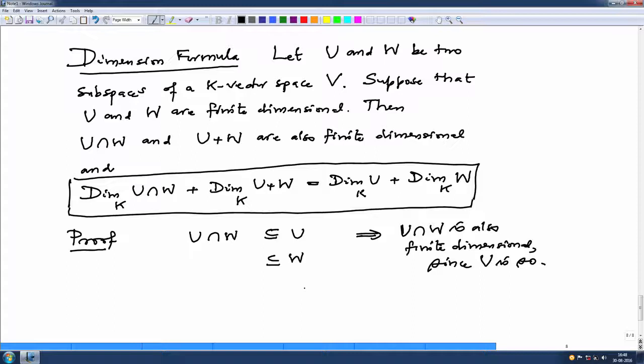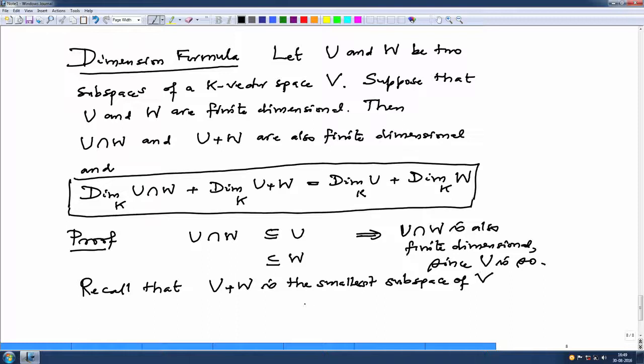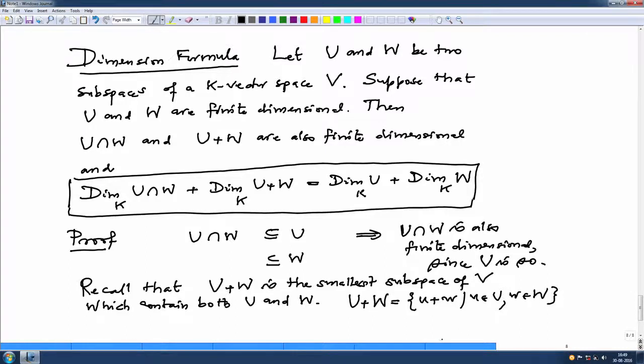I just want to recall to you the definition of U plus W. Recall that U plus W is the smallest subspace of V which contains both U and W. This is the definition of U plus W, and immediately after the definition one can check that U plus W is precisely the sums u plus w, where u varies in U and w varies in W. To check this, what we need to check is that the right hand side is a subspace, it contains both U and W, and it is the smallest one.